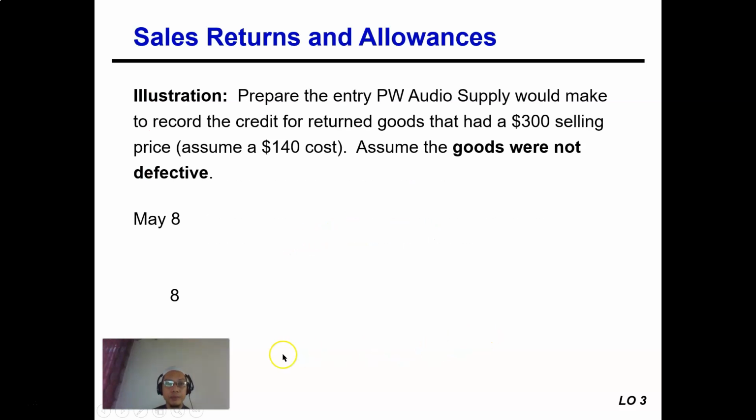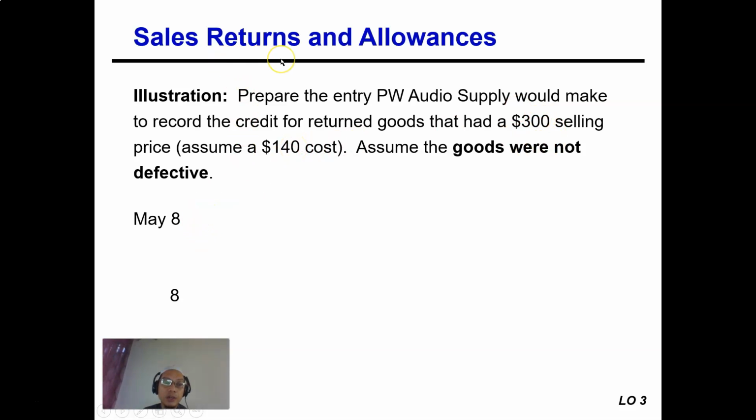Let's see an example. In the accounts of PW Audio Supply, when they receive items returned, there will be a sales return amounting to 300 of the selling price, and assuming that the cost of that 300 sales is 140.